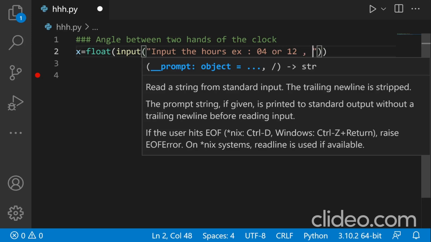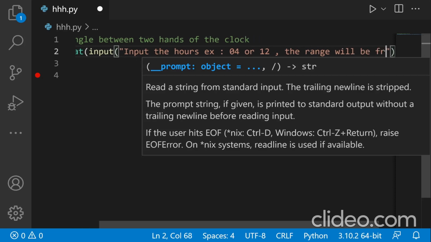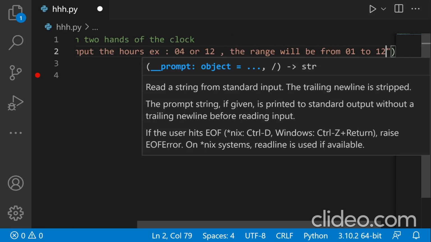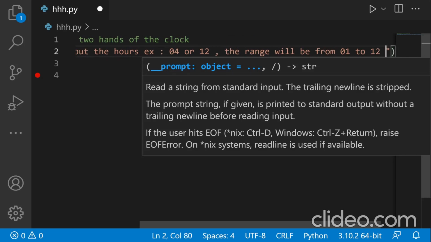Or if you want to describe it in more detail, write that the range will be from 01 to 12.